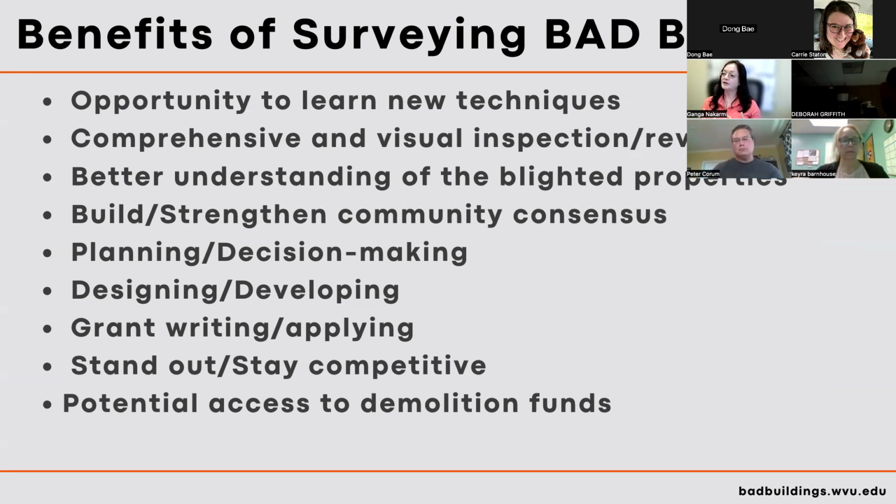And this gives us really comprehensive and visual inspection and review. It helps better understanding of the blighted properties, and also build strengthened community consensus, because once we have this authentic and real information, the community can come to a common consensus.